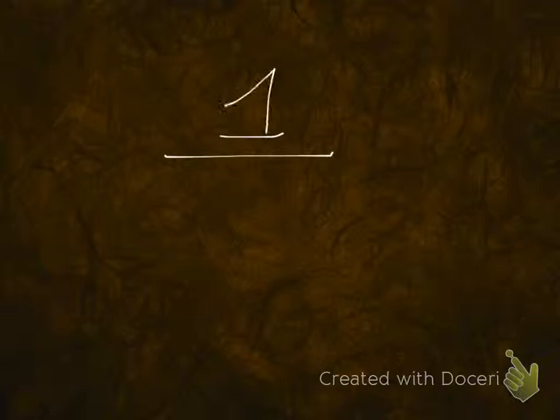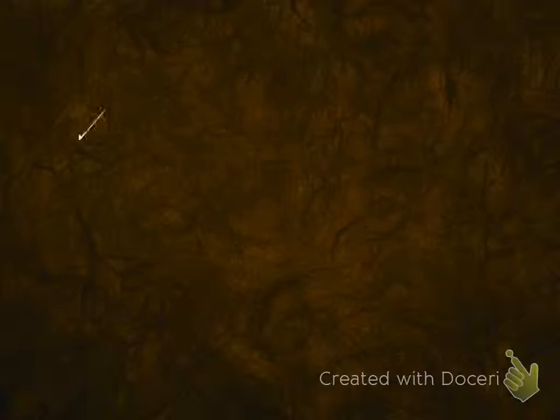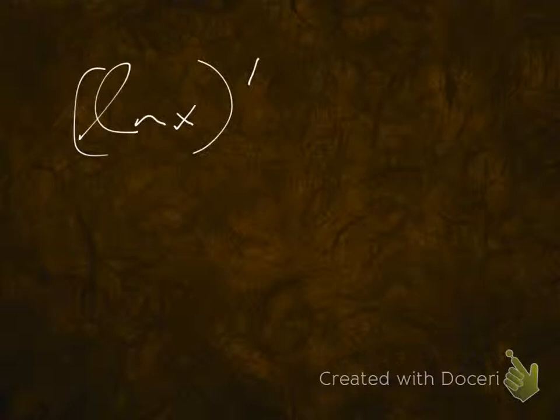Two last important rules, and we'll talk about e when we finish. What about 1 over x? Let's take its indefinite integral. What is this going to be? Well, think about it. What is ln x prime? Well, ln x prime is 1 over x.